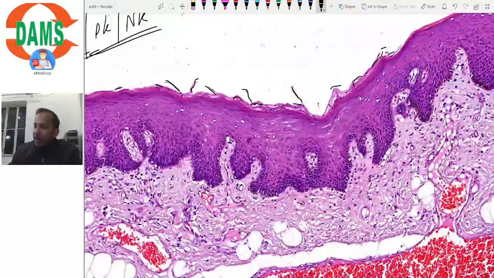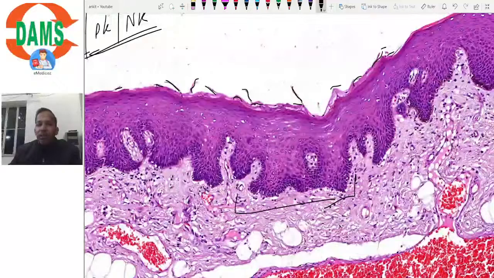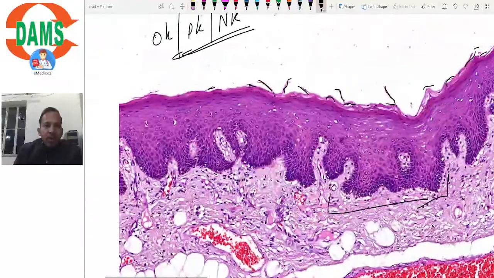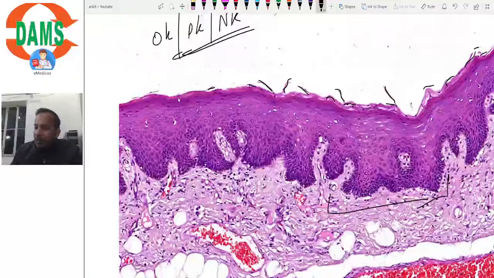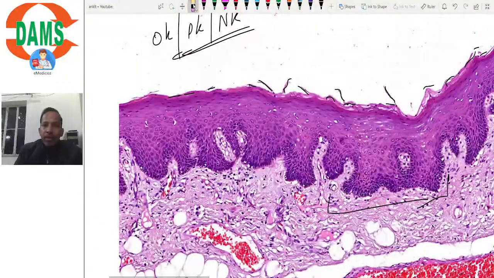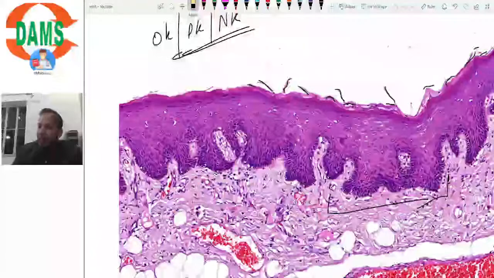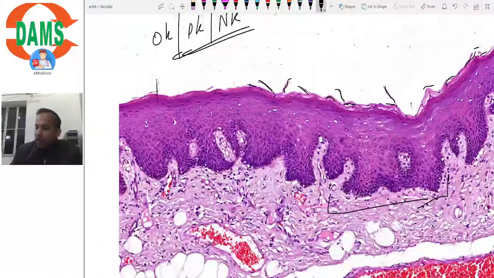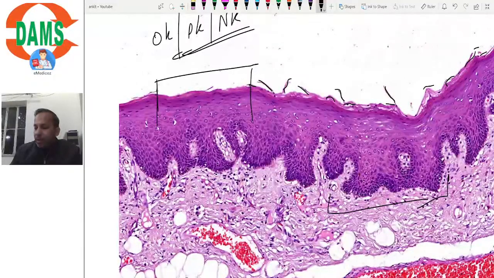But then look at the rete ridges. What about the rete ridges? Don't they appear thick and short? They appear blunt, thick, and short. Also, if we move further left, there is some area where we don't see keratin, and it appears almost like non-keratinized epithelium.